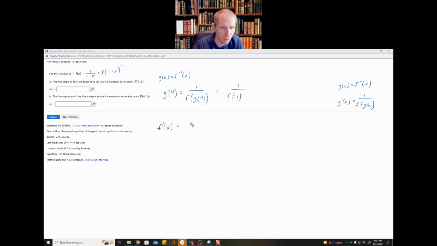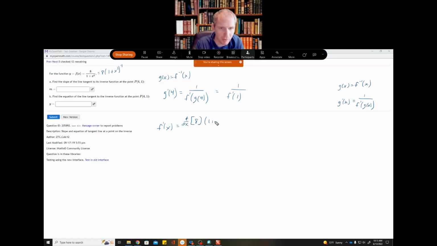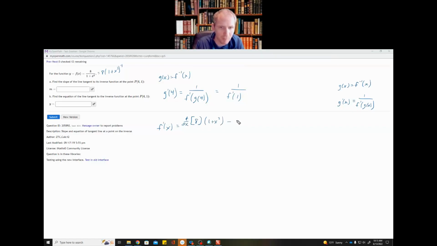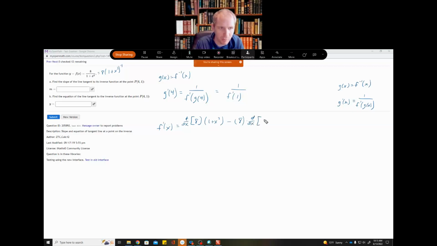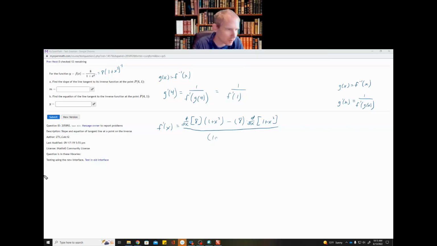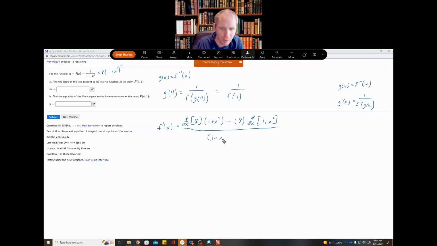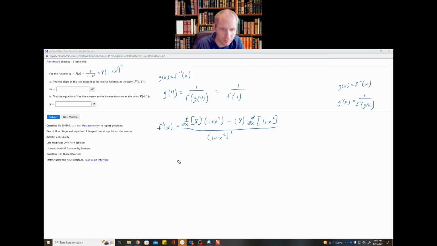Okay, so if I do this as a quotient rule, we have the derivative of the top times the bottom left alone minus top times the derivative of the bottom over that bottom piece squared.